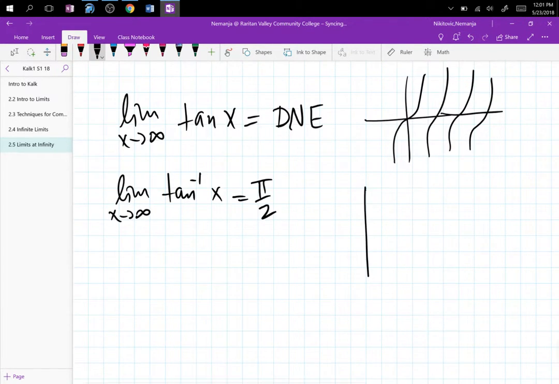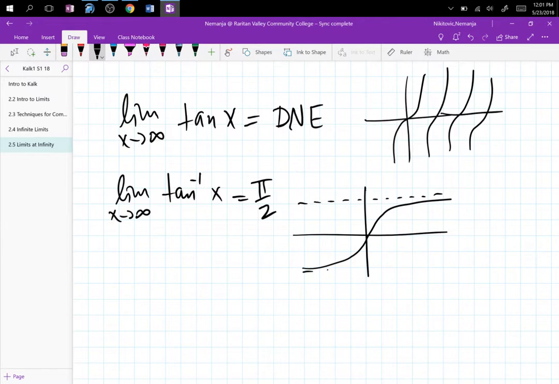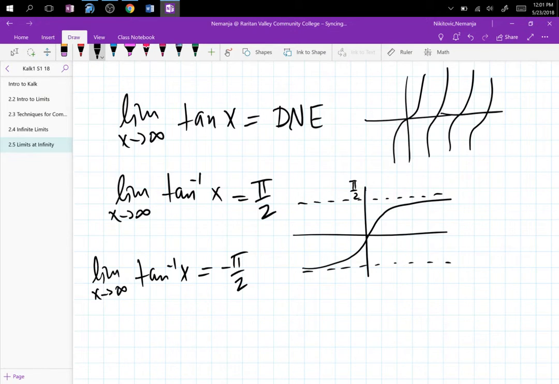The graph of the inverse function for tangent looks like that. And guess what? It has the horizontal asymptote at pi over 2, hence the limit, because this limit is for horizontal asymptotes. So that's the top, pi over 2, and by common sense on the bottom, x goes to negative infinity of tangent inverse of x is negative pi over 2.